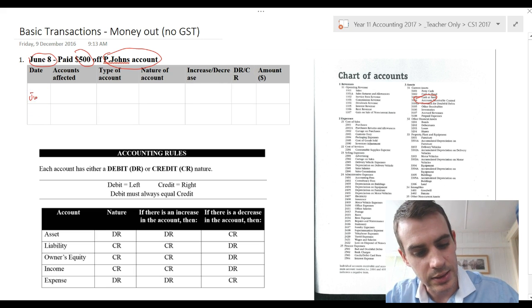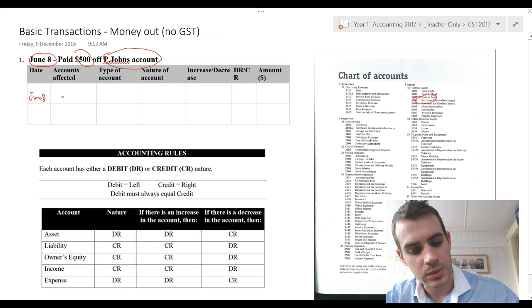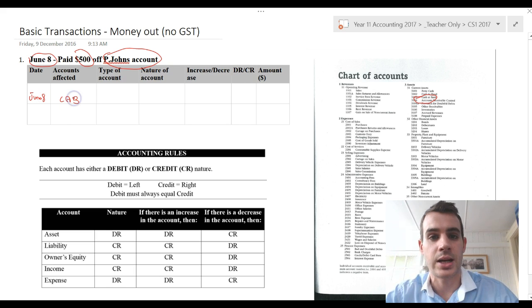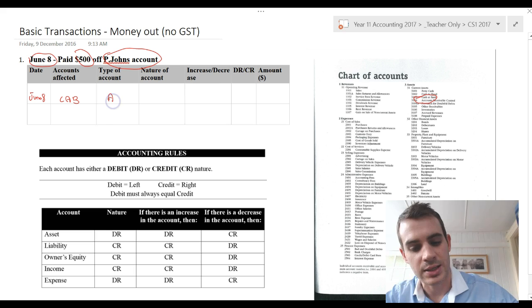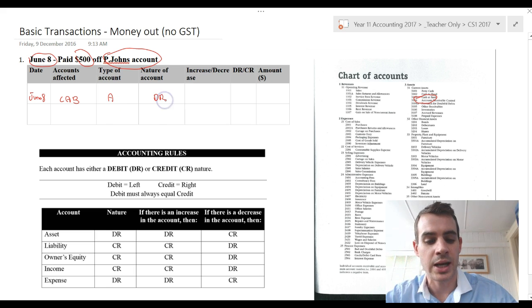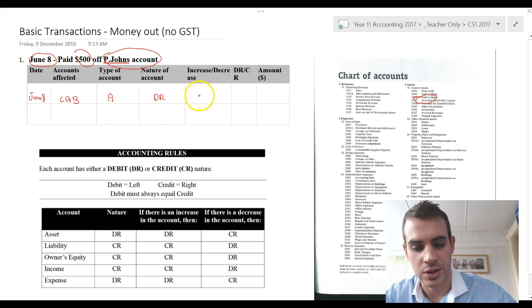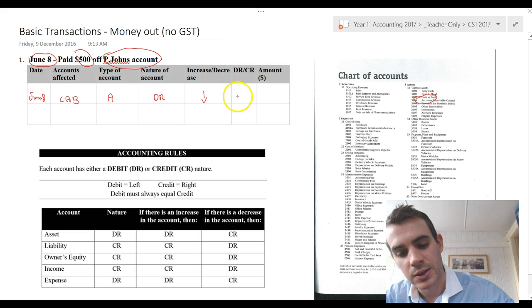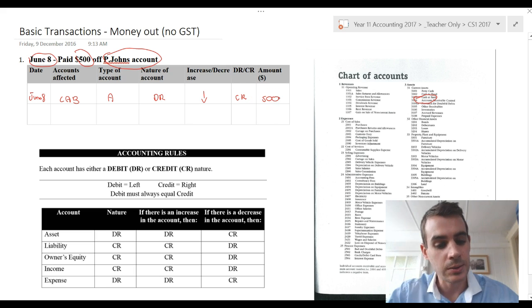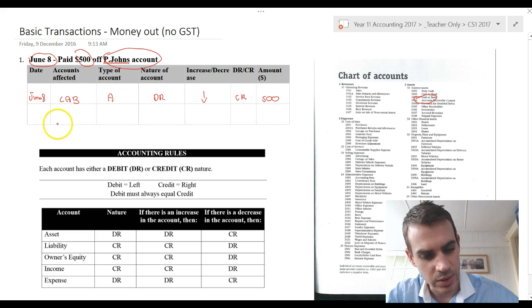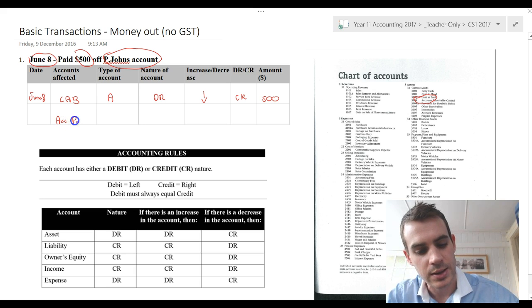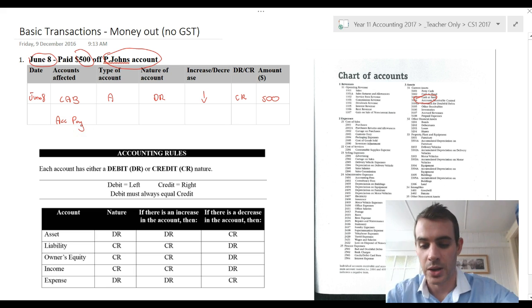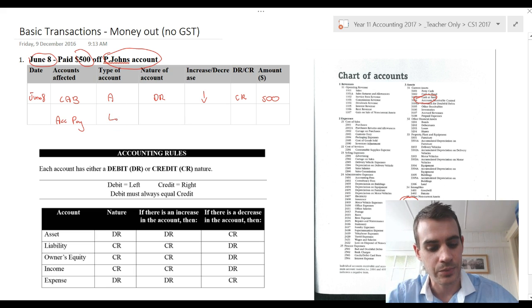The date is June 8. Our first account affected is our cash at bank. Cash at bank is an asset, which is a debit by nature. We've paid $500, so that's actually decreased. So that will flick around to a credit for $500. The next account affected was our accounts payable. Now, accounts payable, if we have a look at our chart of accounts, is a liability account.